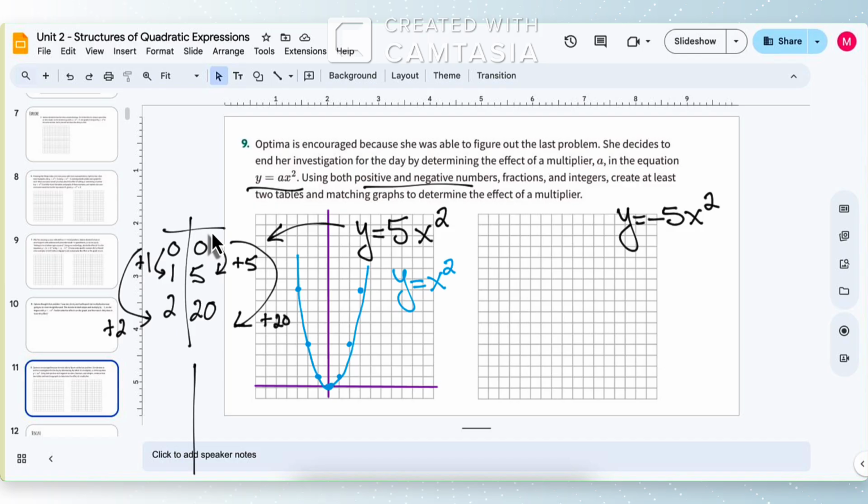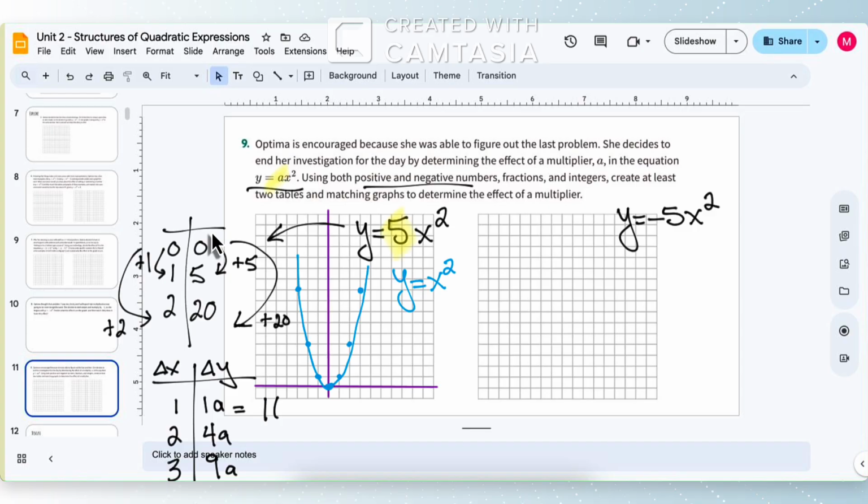So in this case, it's kind of nice to recognize that this could be our change in x and our change in y from the vertex that we're going to do: 1 times A, 4 times A, not 2, because those are our x squared values, right? So our parent counts are 1, 4, and then 9 times A. In this case, our A value is 5, based on our equation.